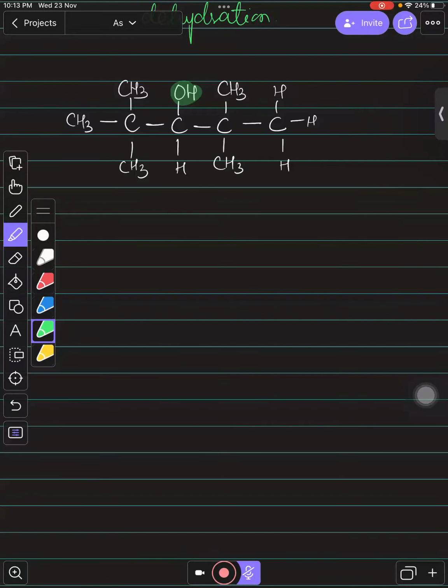So मेरे लिए removal तब ही possible है, the removal of hydroxyl or for suppose bromine. अगर आपके पास यहाँ पर bromine लगा हुआ है या chlorine लगा हुआ है, whatever the halogen over here, halogen alkane हो आपके पास या alcohol हो, उन दोनों में से ही bromine हटाना हो या chlorine हटाना हो या hydroxyl हटाना हो, if you want to remove this, so it is compulsory कि इसके बराबर वाले कार्बन पे इंडिविजुअल हाइड्रोजन होना चाहिए. ठीक है ना?